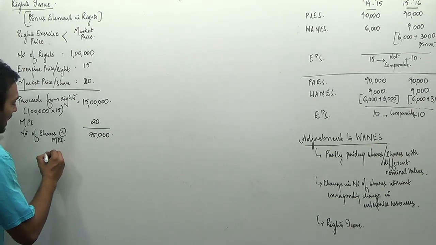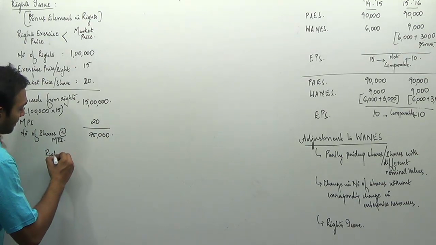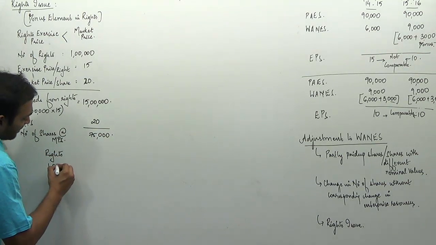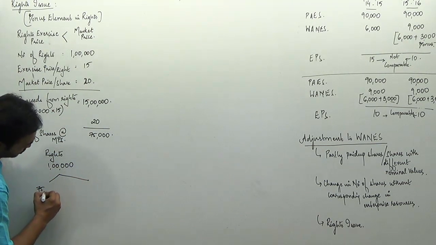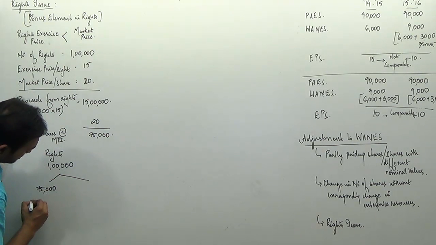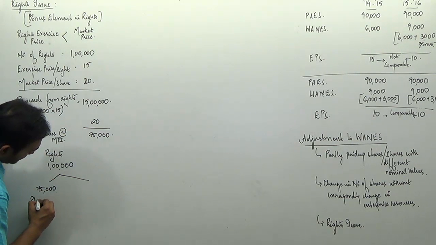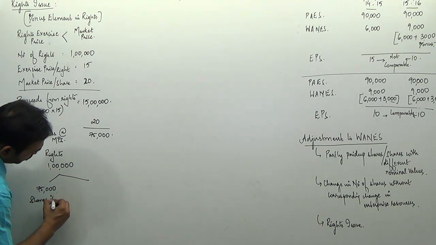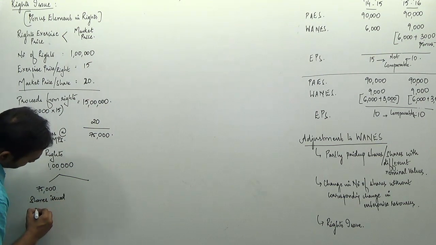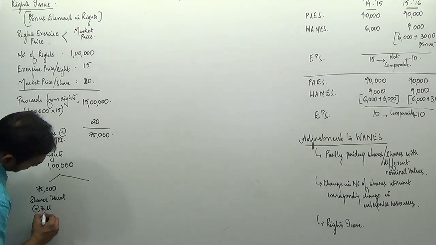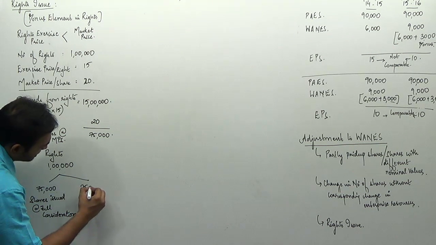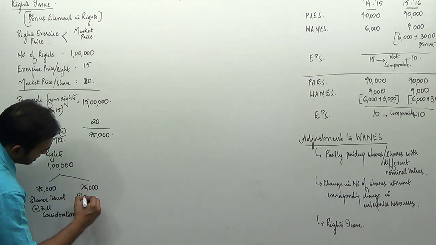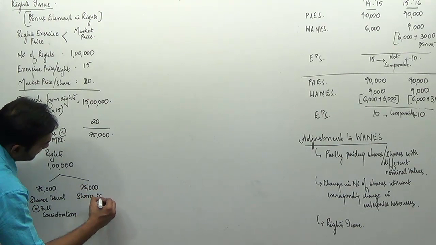So out of my rights of 1 lakh, I am saying that 75,000 are shares issued at full consideration and 25,000 are shares issued at nil consideration.